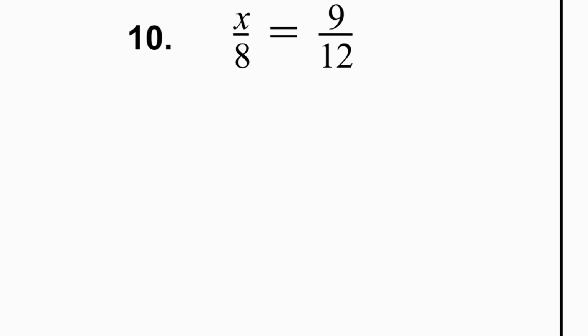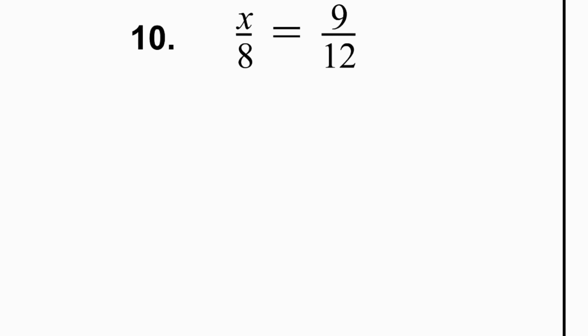Number 10. Here we have two fractions equal to each other. That's called a proportion. So in this proportion, I'm going to get x by itself. Right now it's being divided by 8. So I'm going to multiply by 8 to undo that operation of division. And I can really think of it as 8 over 1.